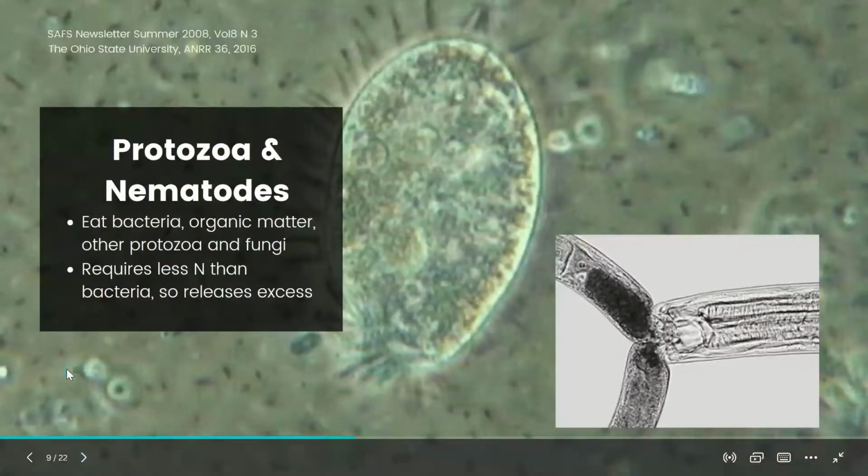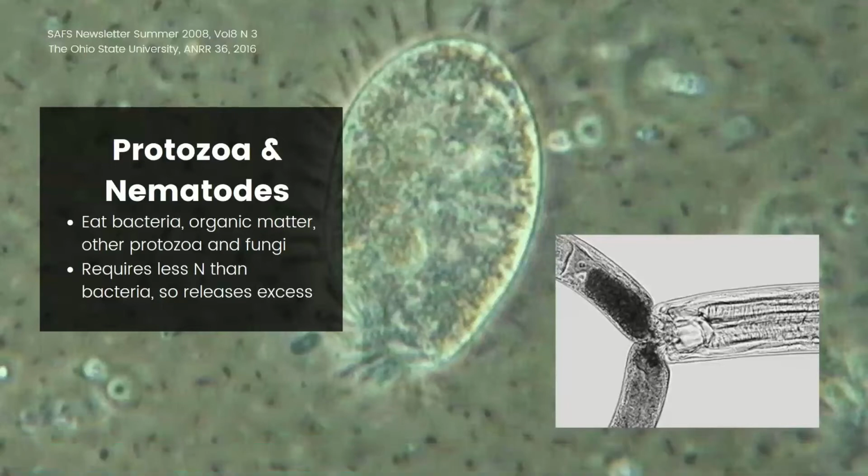Then you have protozoa and nematodes. So without going into a lot of detail on this, there's supporting factors within that soil ecosystem. So, for example, you want the protozoa and nematodes to eat the bacteria and the organic matter, so that they can produce other beneficial ingredients for the other microbes.